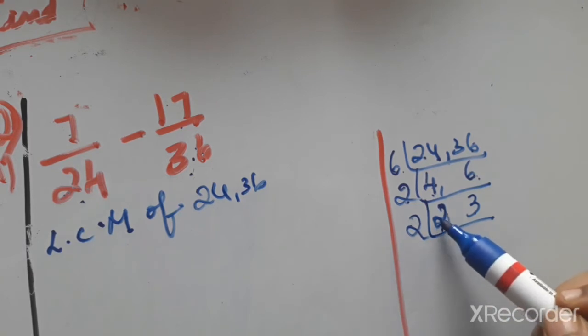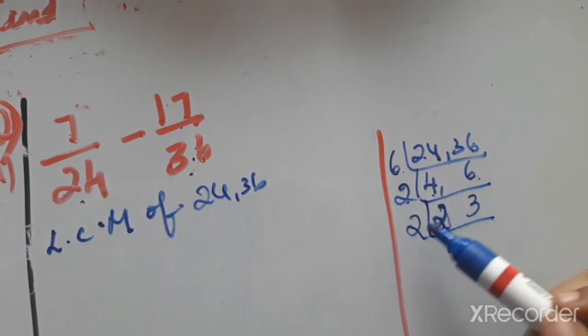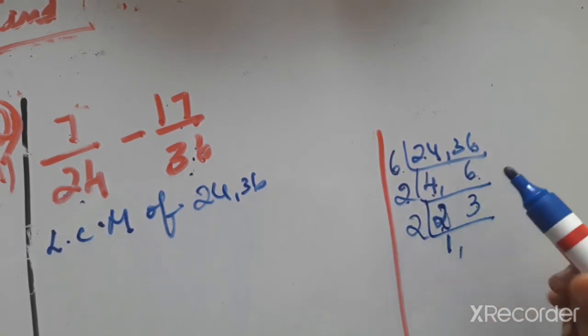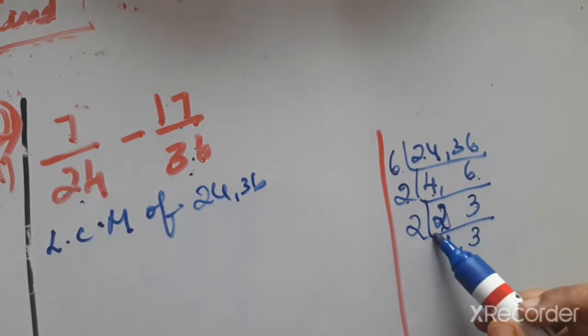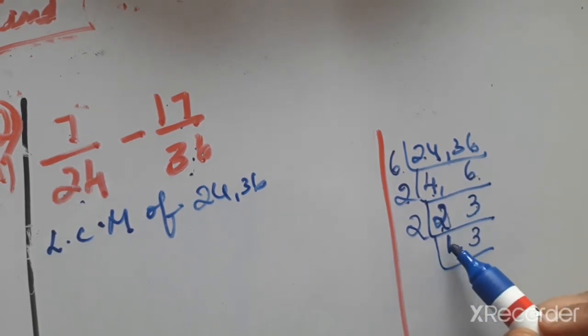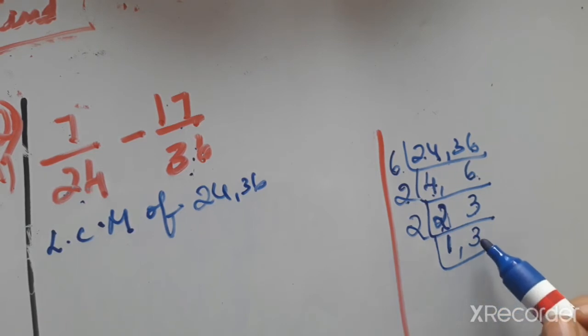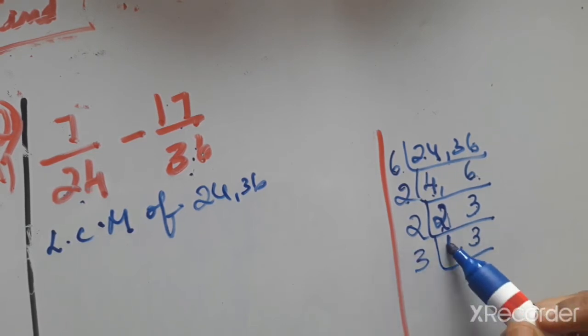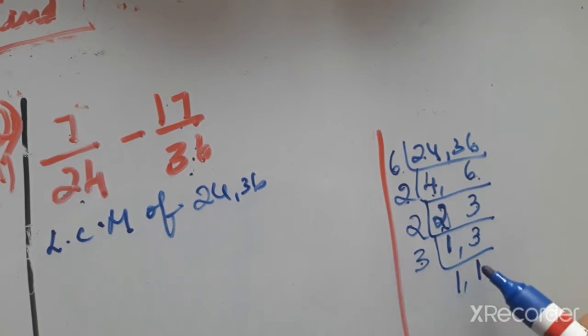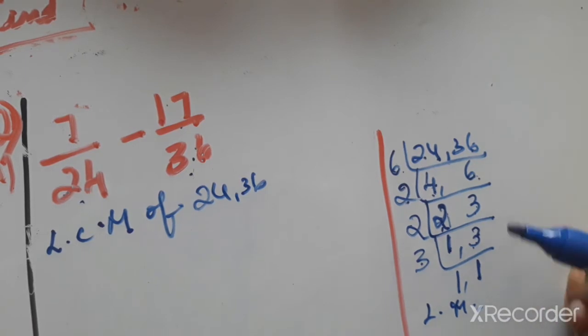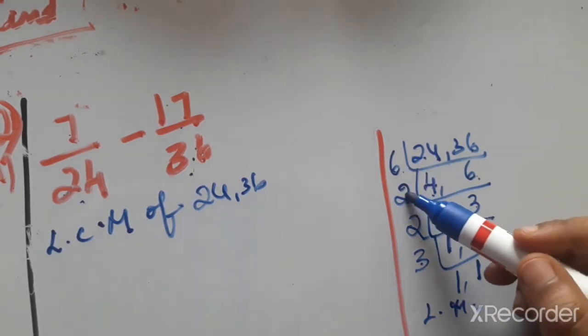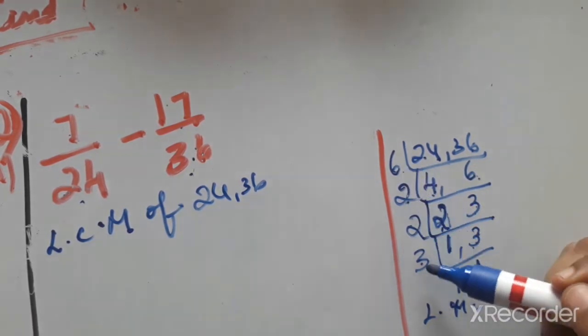First simplify 2. 2 ones are 2. 3 will not multiply with the 2 table, right? 3 as it is. Don't touch that number. Now we have to get 1 1 at last. 3 ones are 3. Now the LCM is 6 into 2 into 2 into 3.